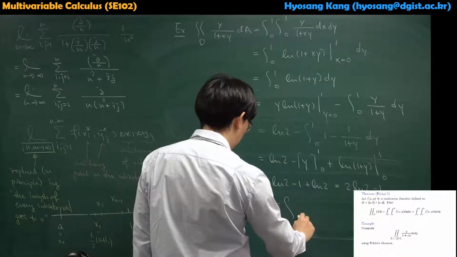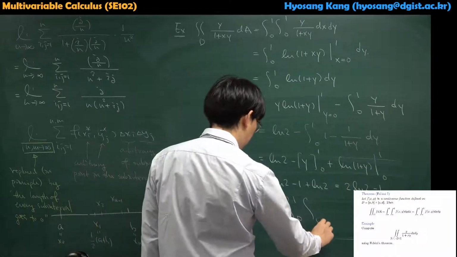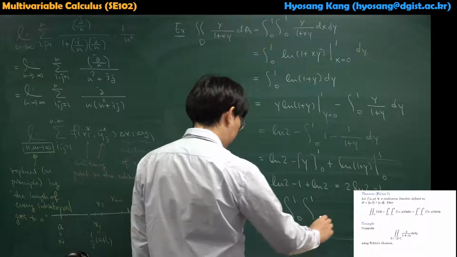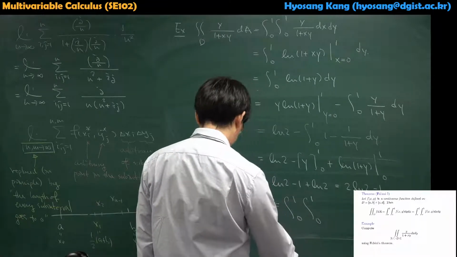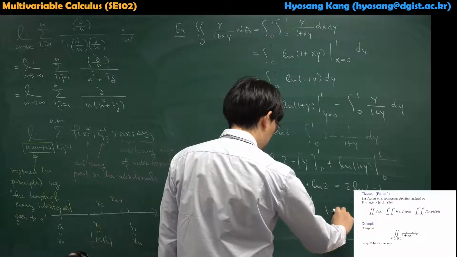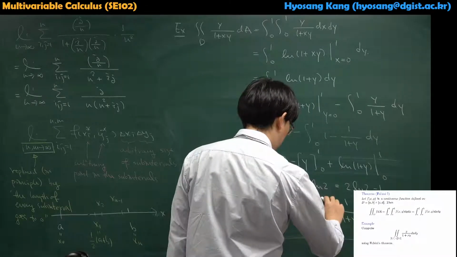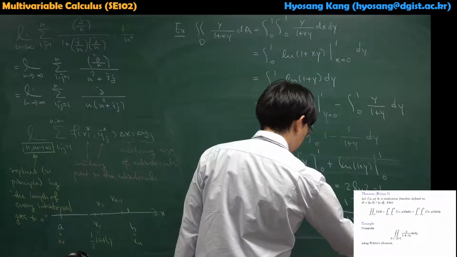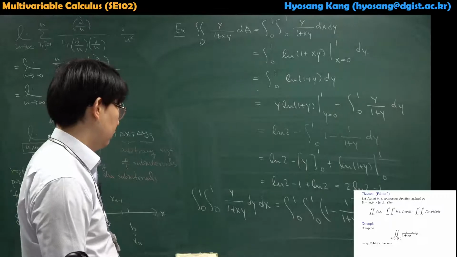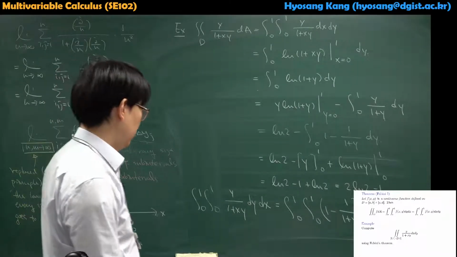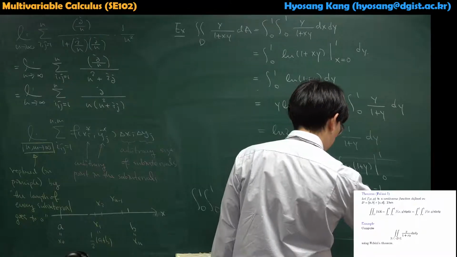So you have 0 to 1 here. If I rewrite this as 1 over x times 1 minus 1 over 1 plus xy, and take dy and then dx.